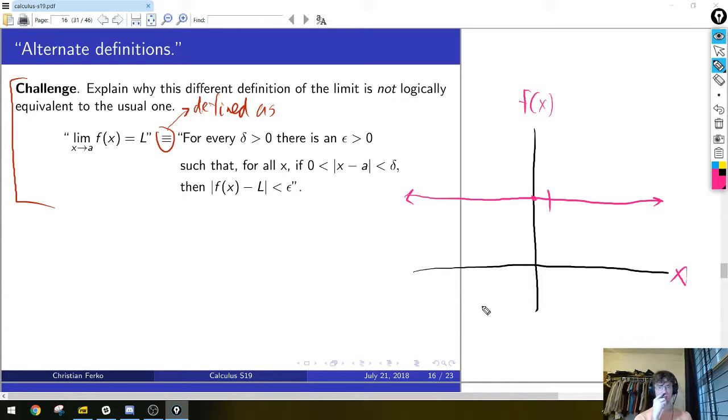Let's see. Well, I'm looking at the statement: if 0 is less than the absolute value of x minus a is less than delta. Wait, let me think about this.